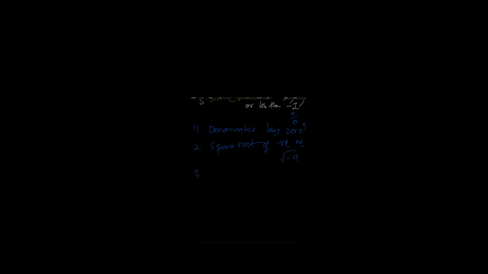The third one is log of 0. The fourth one is cos inverse or sine inverse of a number greater than 1 or less than negative 1. These are the 4 things that we'll be dealing with.